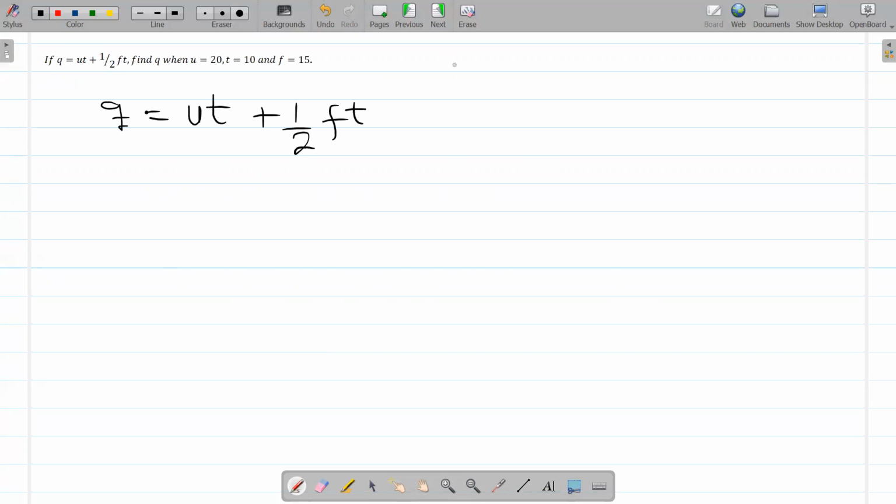And we are supposed to find the value of Q when U is equal to 20, T is equal to 10, and F is equal to 15.